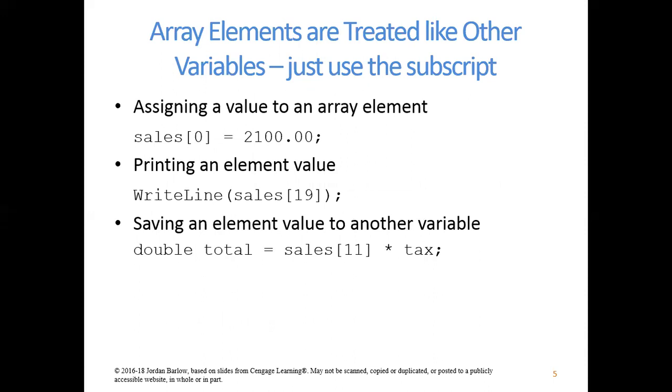In the third bullet point, you can see saving an element value to another variable. In this case, we've called on element number 11 of the sales array, and we've used it just like we might use any other variable in place of a number in this calculation.